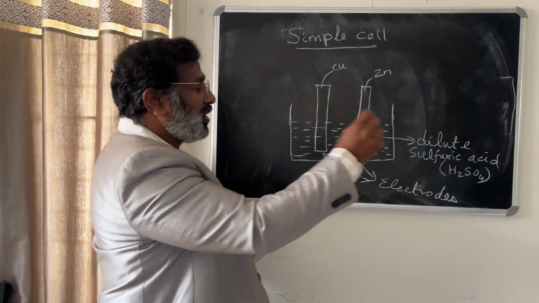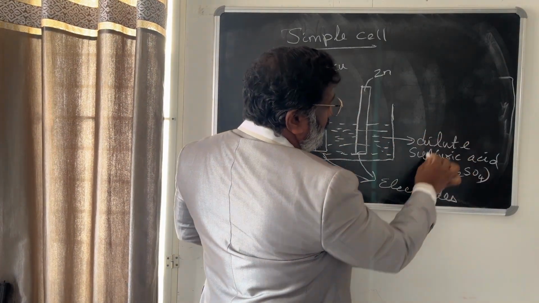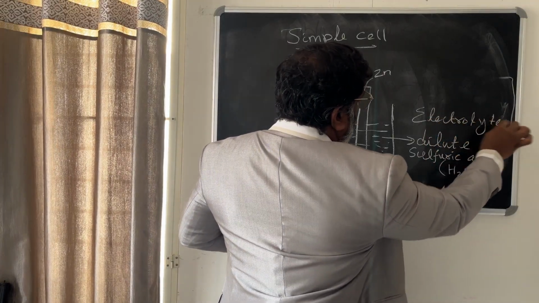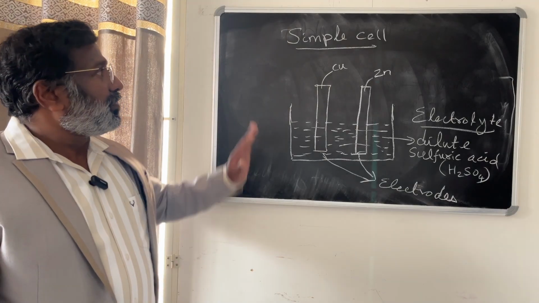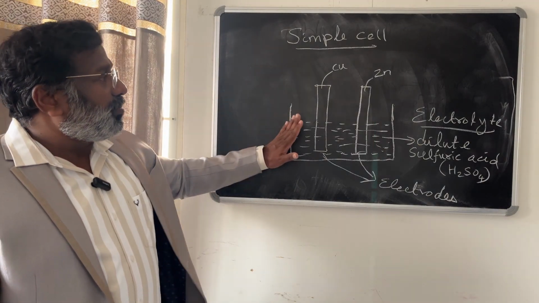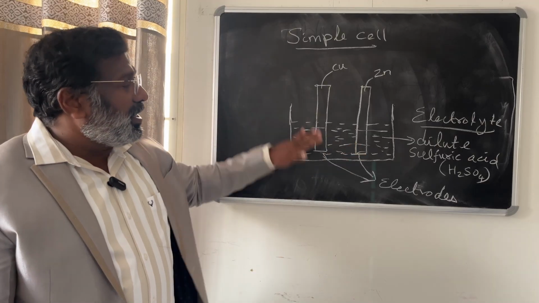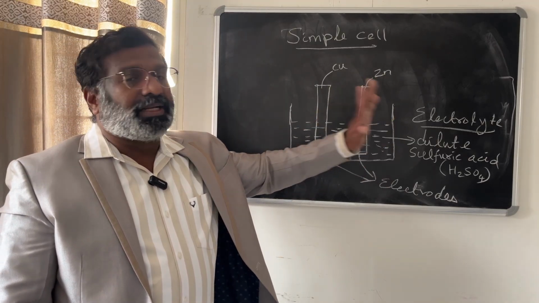This dilute sulfuric acid is called the electrolyte. So a simple cell comprises a copper electrode and a zinc electrode dipped inside dilute sulfuric acid, and the dilute sulfuric acid acts as an electrolyte.